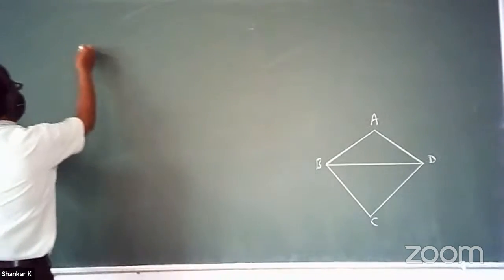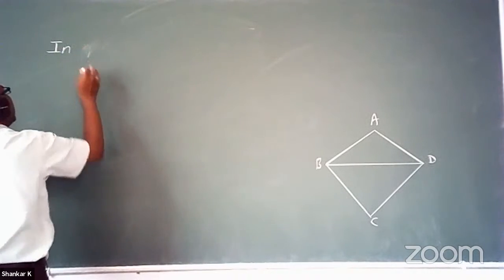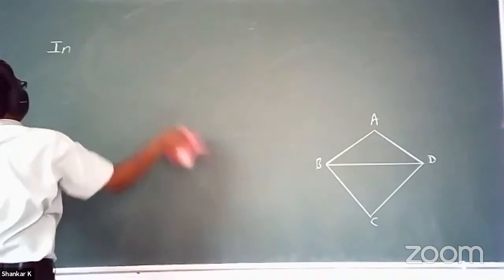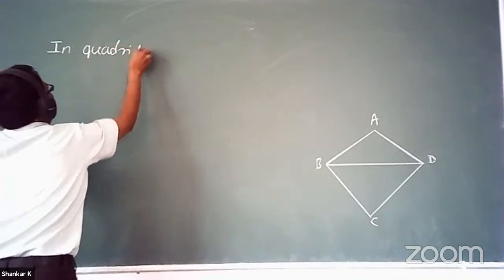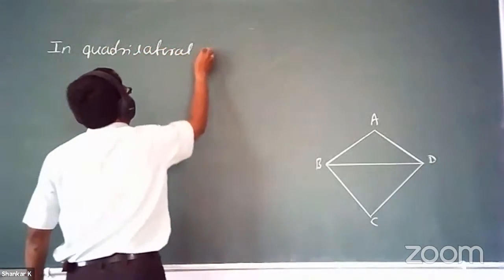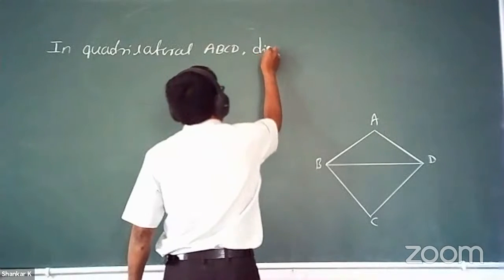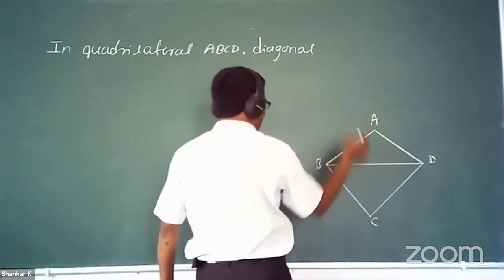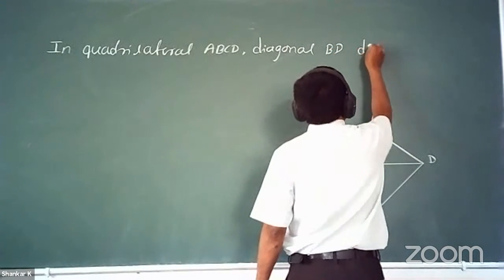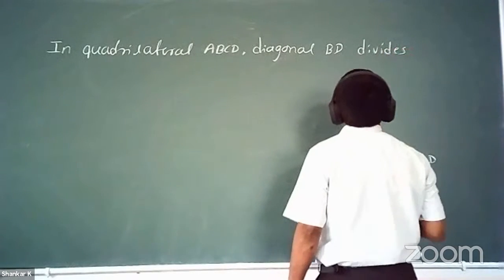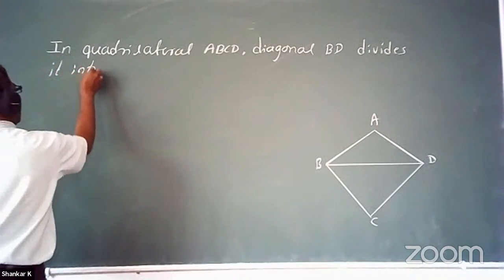So how to write: in quadrilateral ABCD, diagonal BD divides it into two triangles.